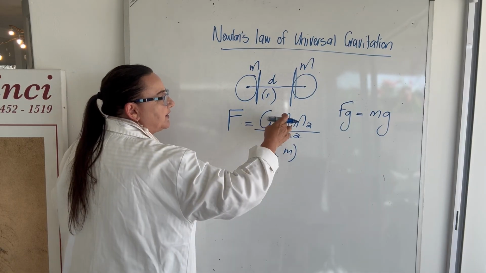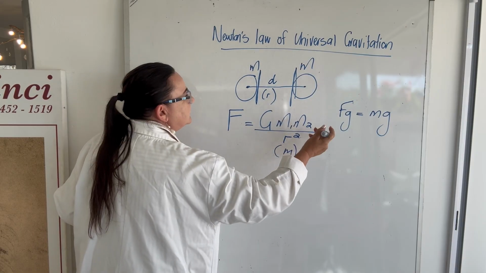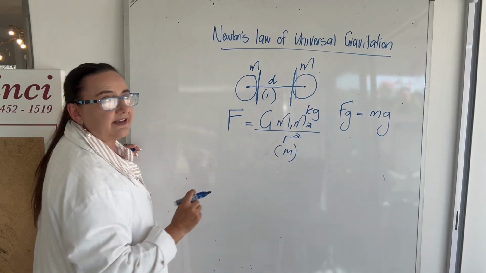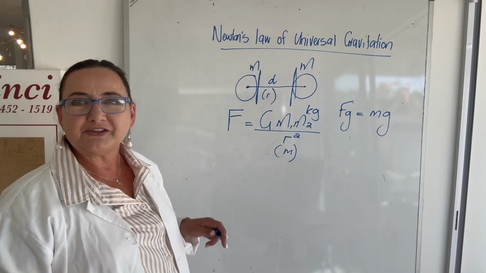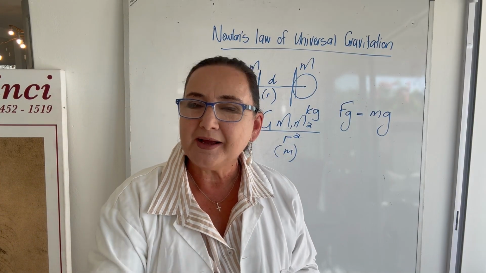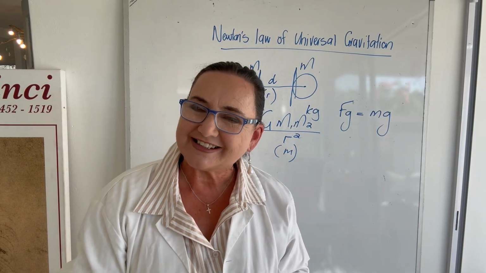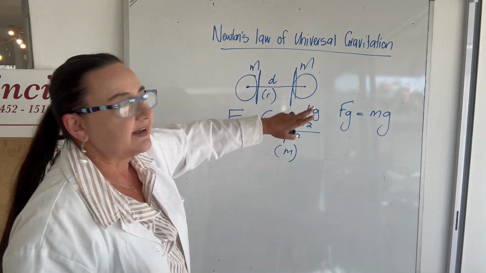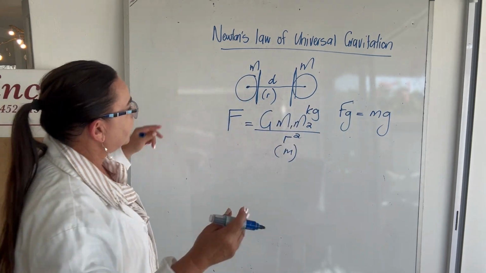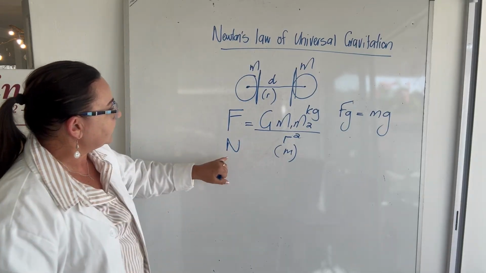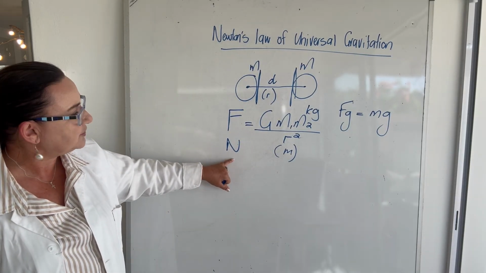All right? We know that our mass in physics is always in kilograms. It's only in chemistry that it is grams. But in physics, remember that it has to be kilograms. And we now know, of course, that force is measured in Newton.